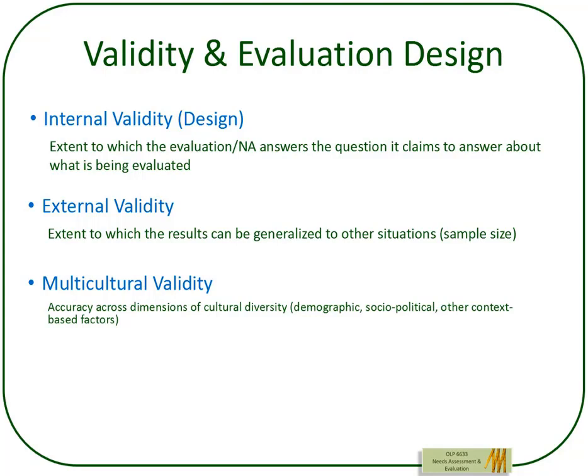They talked about sociopolitical factors, which is power and economic status and class differences, and then any other kind of context-based factors that might be true in the organization in which you are doing your evaluation. And then finally, they mentioned validity and qualitative data. Now, when we move further in the course and start talking about quantitative data and qualitative data, we will raise this idea of validity again with both quant and qual data. But your chapter talks specifically about validity and qualitative data.